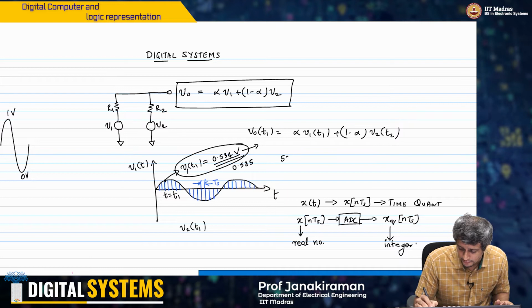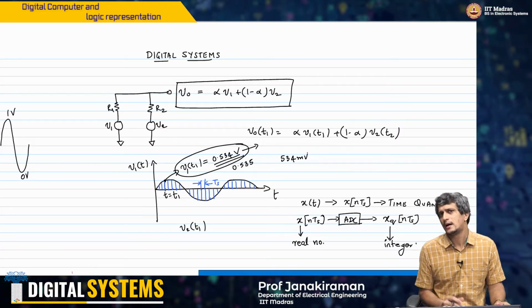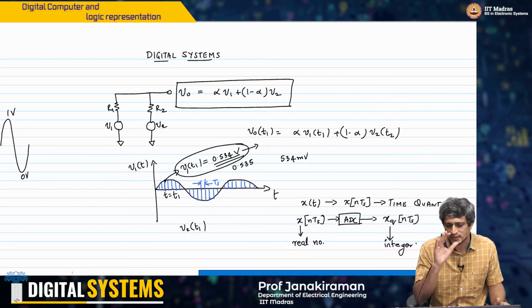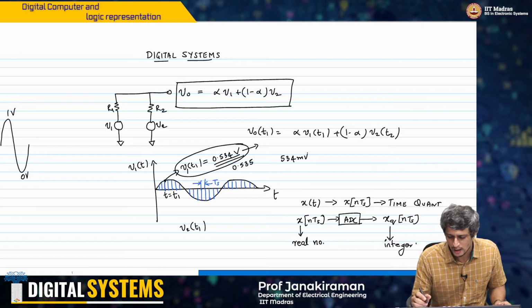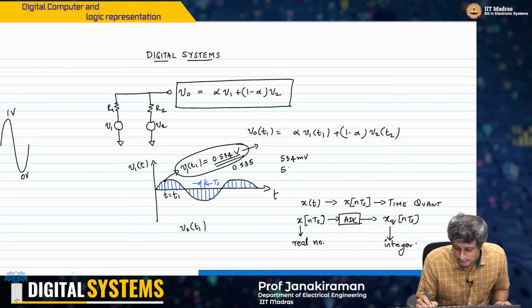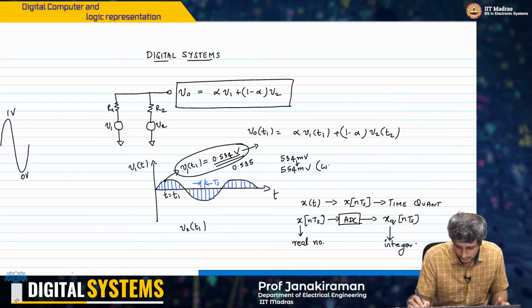This is 534 millivolt. Now let us say there was a 20 millivolt noise on this signal because of some reason. This will simply become 554 millivolt if it is a plus 20 millivolt noise.